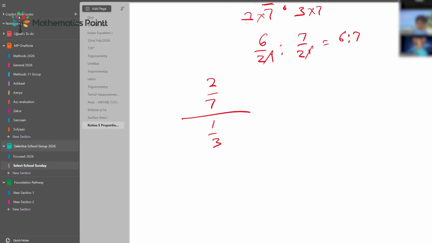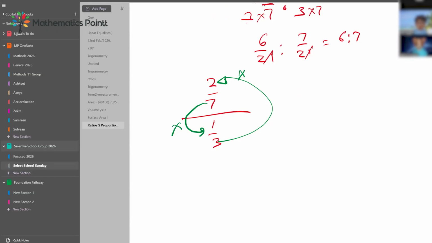The denominator of the denominator gets multiplied with the numerator of the numerator. And the denominator of the numerator gets multiplied with the numerator of the denominator.